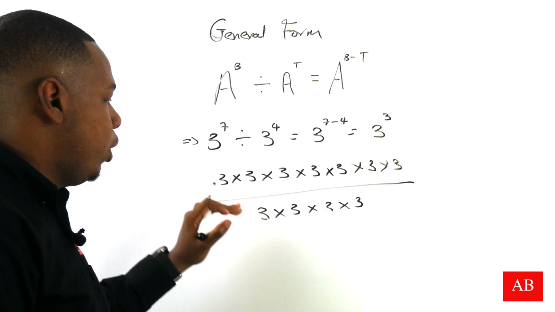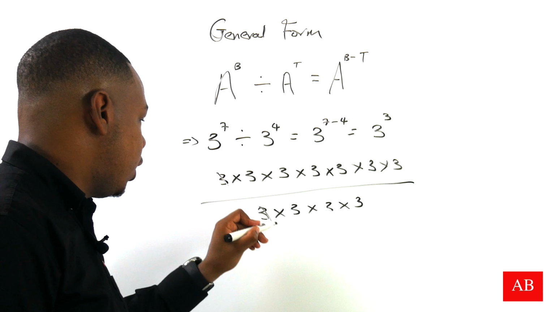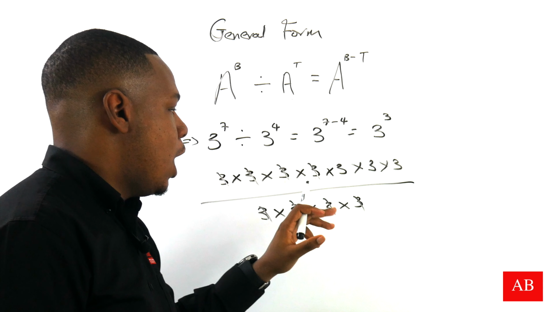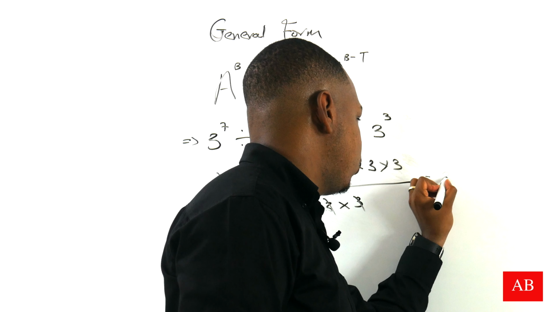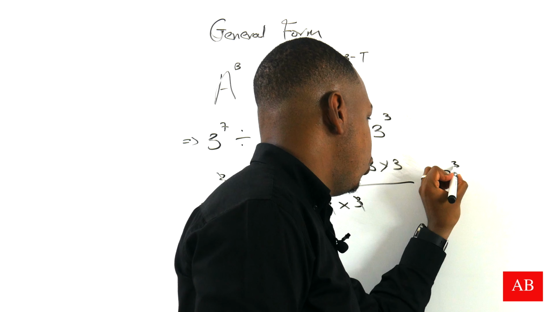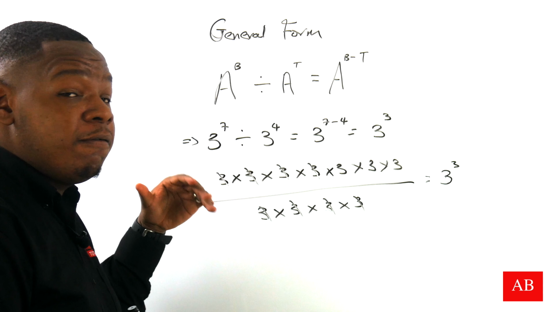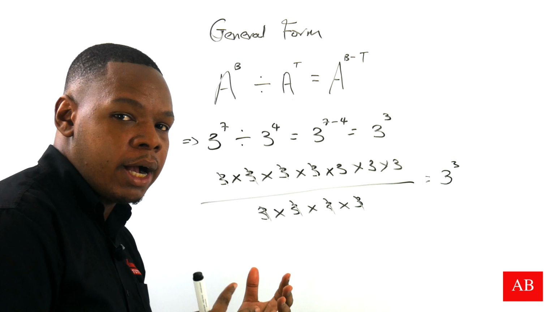Now, we can cancel 3's, numerator and denominator. So that 3 cancels, that 3 cancels, that 3 cancels, that one cancels, and we're left with 3 times 3 times 3. What's that? 3 cubed. And again, when we divide indices with the same base, we subtract the powers.